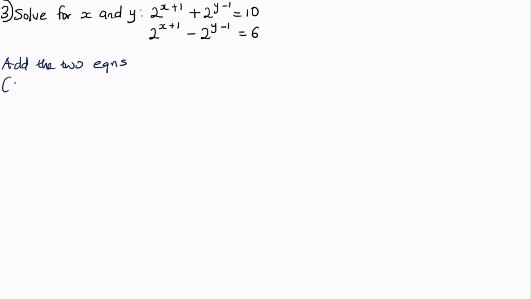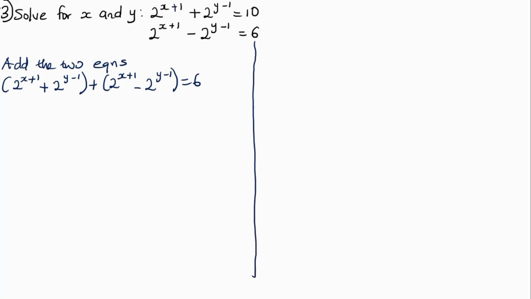We have this to be 2 raised to the power of x plus 1 plus 2 raised to the power of y minus 1 plus 2 raised to the power of x plus 1 minus 2 raised to the power of y minus 1 is equal to 10 plus 6. Alright, so when we have this right here, if we simply add this up, we're going to have 2 multiplied by 2 raised to the power of x plus 1, and plus 2 raised to the power of y minus 1 minus this is going to give us 0.